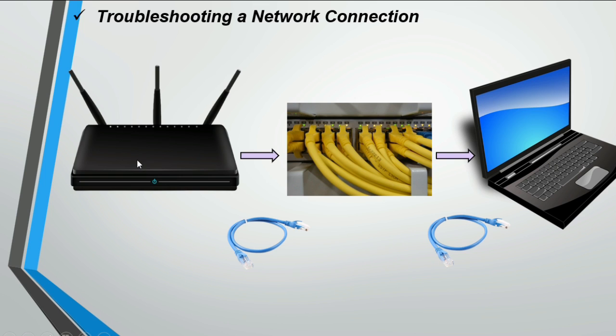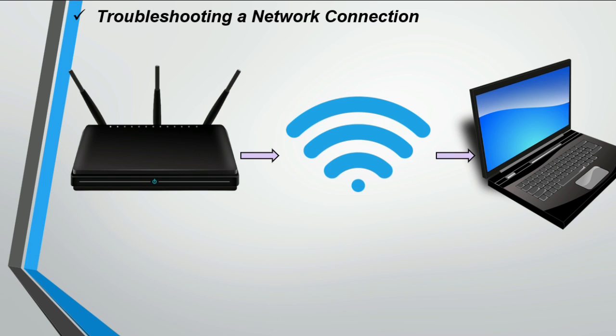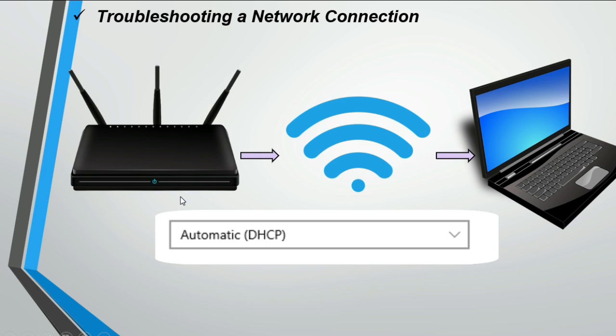Basically, if the DHCP is set to automatic, you will not get any issue or any problem. All IP configuration between router, switch, and laptop will be set automatically. Now, when your laptop is connected to the router via Wi-Fi, the same principle applies: you should always check that the DHCP is set to automatic, not manual.